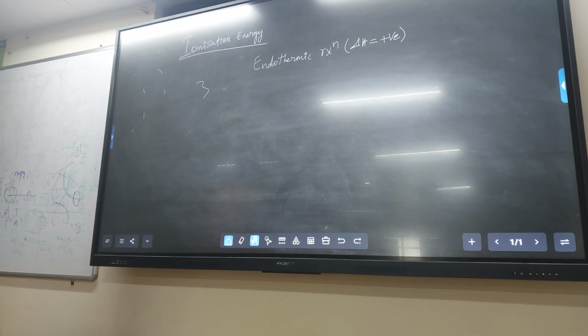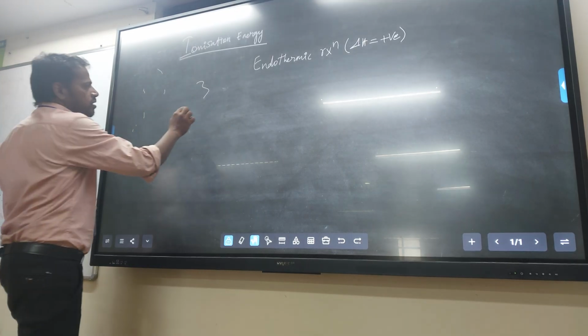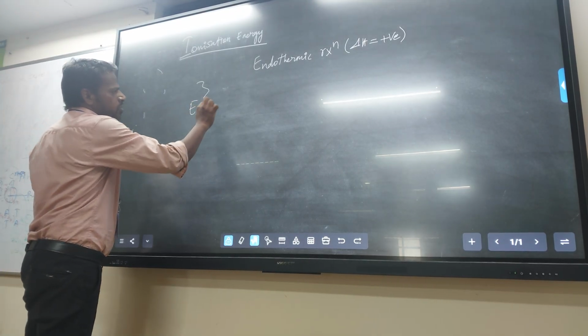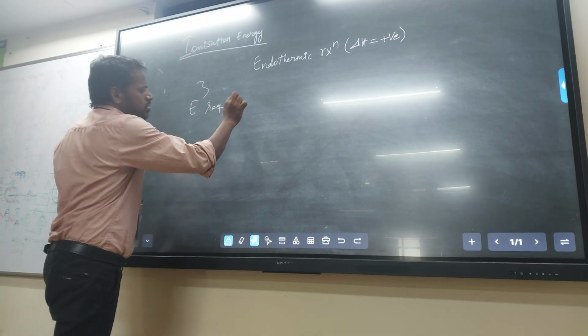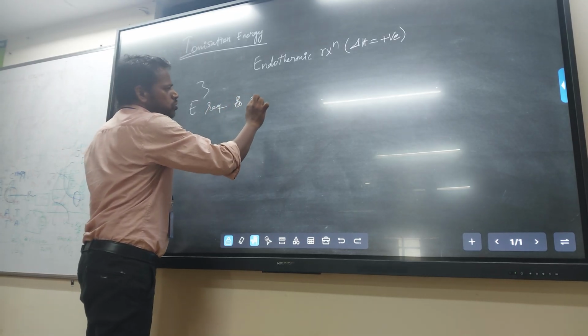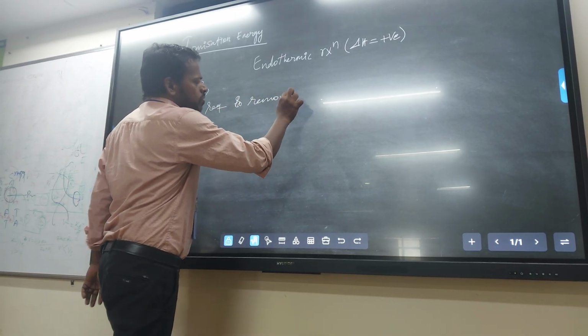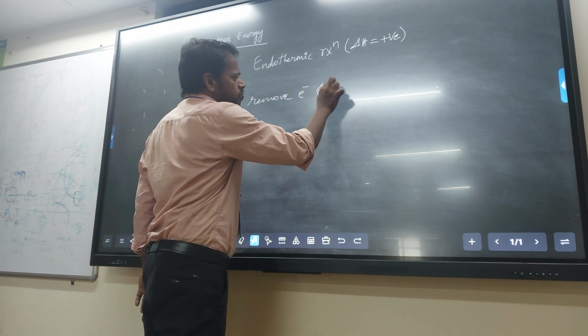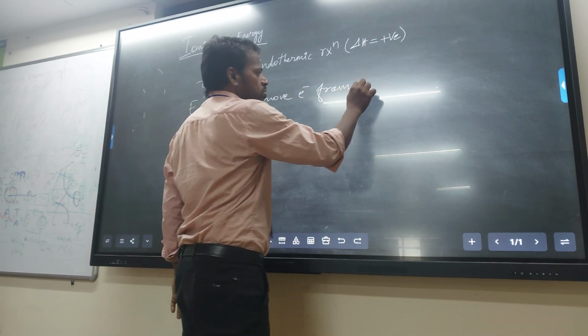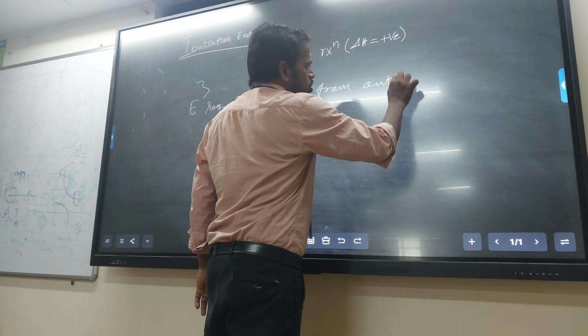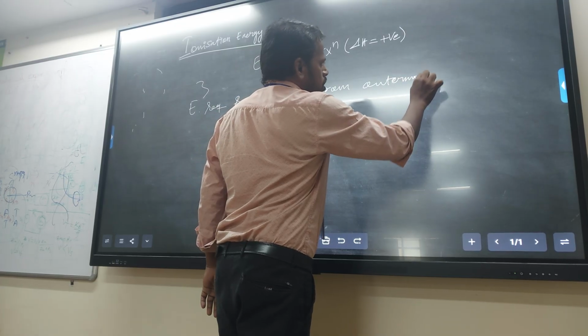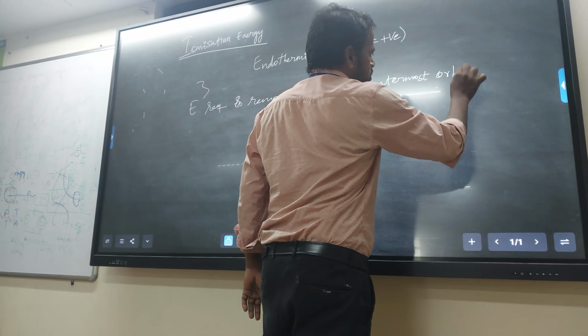Okay, so write the ionization energy. The energy required to remove the electron from the outermost orbital.